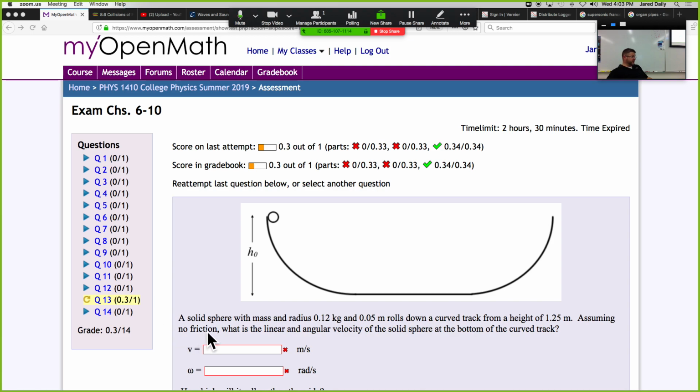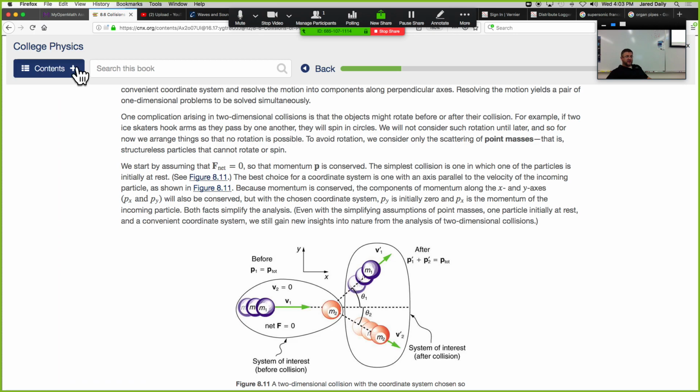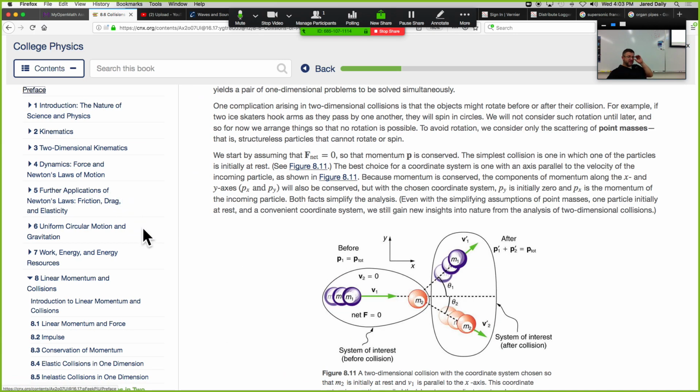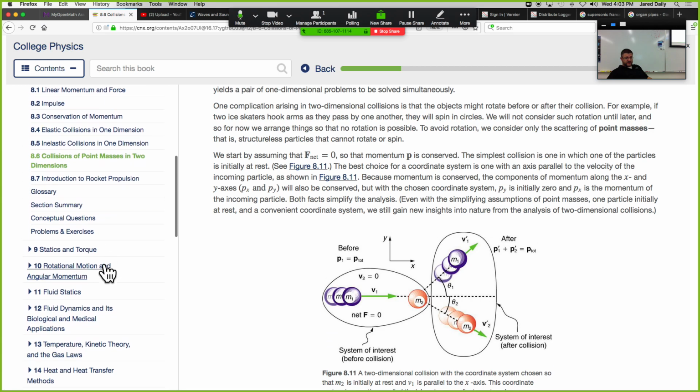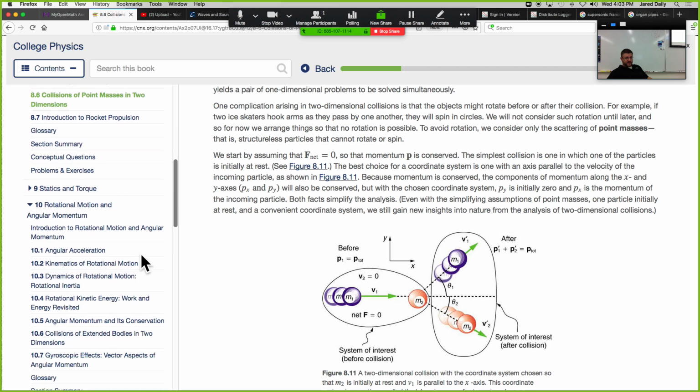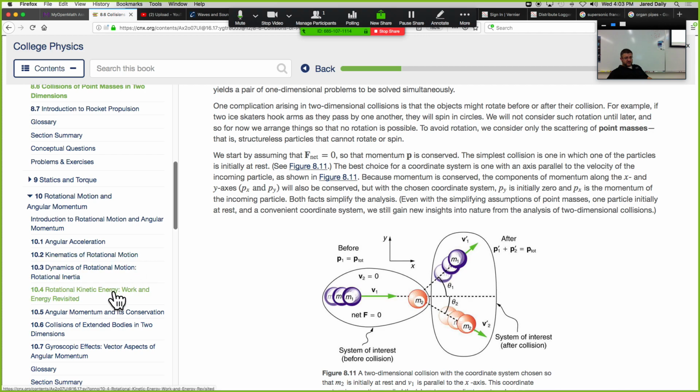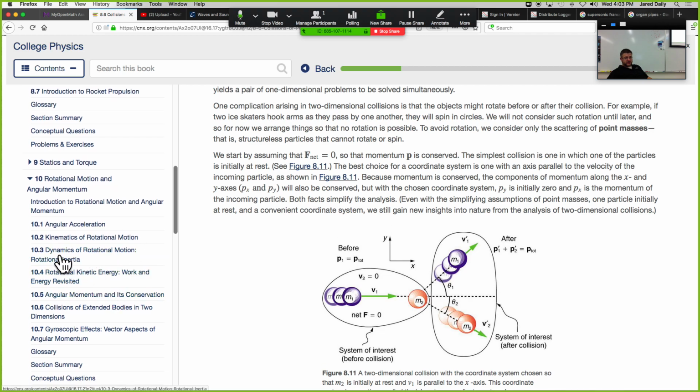We have to know what kind of shape it is, because then we have to go to our book and look up the moment of inertia for a solid sphere. So that's going to be in rotational motion, angular momentum, and we're going to look at rotational inertia right here, moment of inertia.